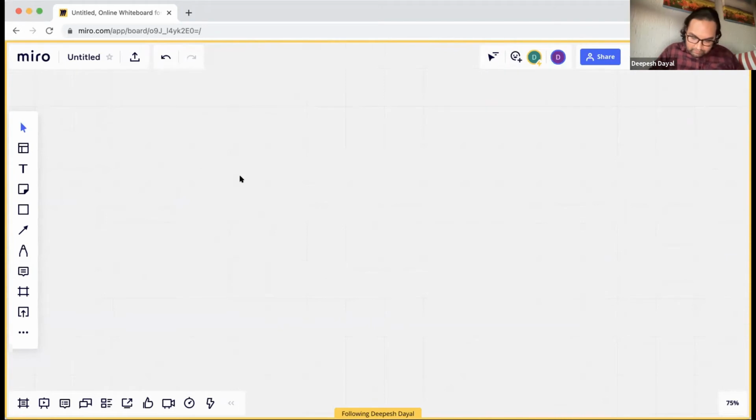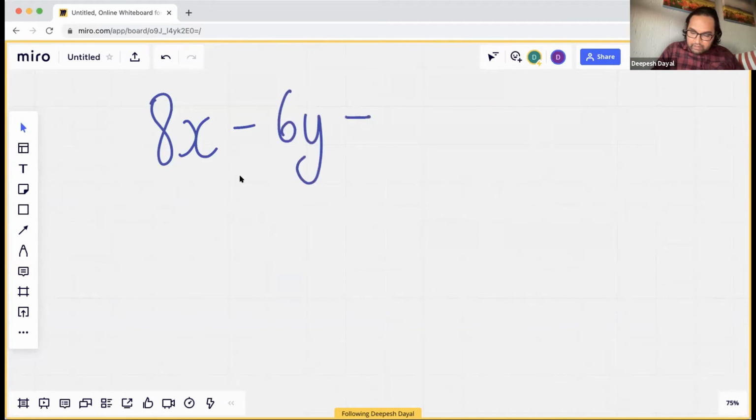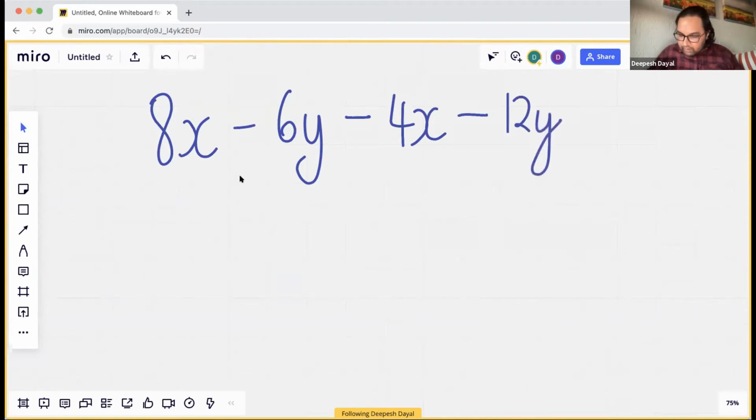So say we've got here 8x minus 6y minus 4x minus 12y minus p. Check your integers out.